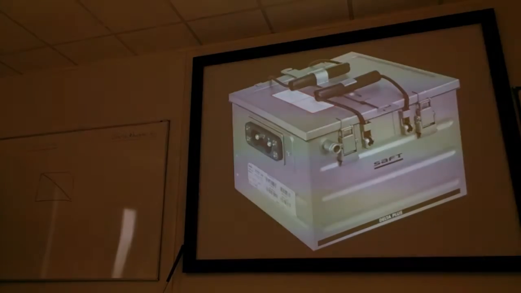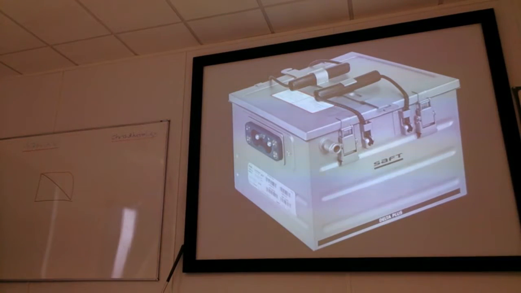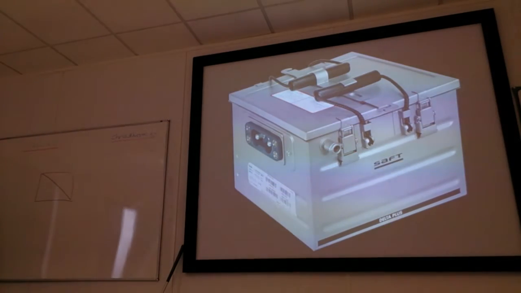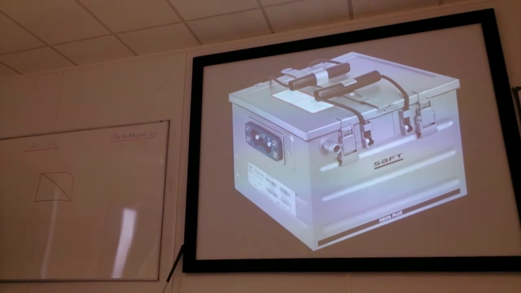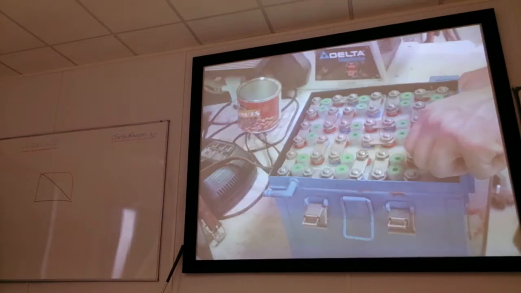Okay, the metal casing of a NiCad battery looks a bit like an ammo box. You've got these over-centre latches here, you've got vents which are normally connected to pipes to vent any harmful gases overboard. Standard aircraft type connector for it in there, and if you were to take the lid off of that, what you'd see inside is a whole bunch of individual nickel cadmium cells connected up by these bridging bars, one to the other, in series to give us the required output voltage on the battery.